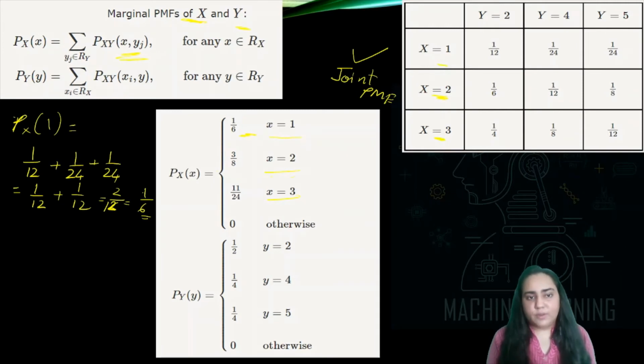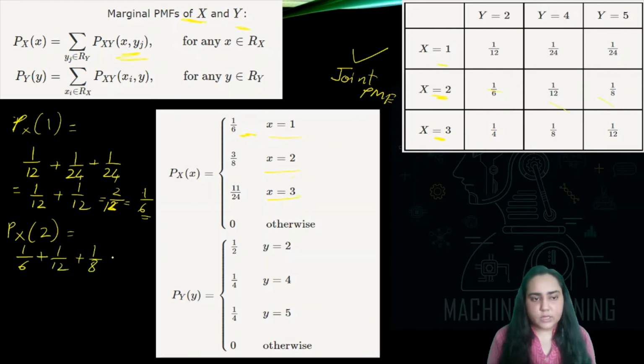What about the second one? If you want to find Px of 2, you have to add all the things that are present here: 1 by 6, 1 by 12, plus 1 by 8. If you add all that, you will get 3 by 8, which I have mentioned here.